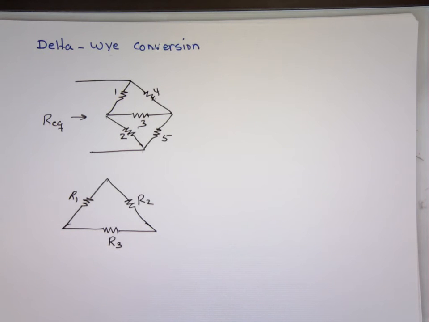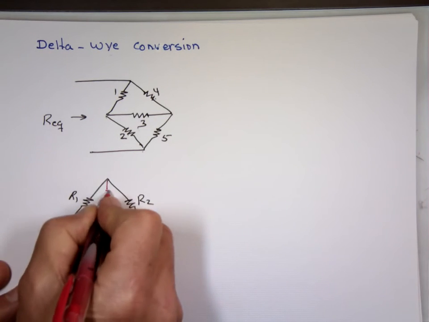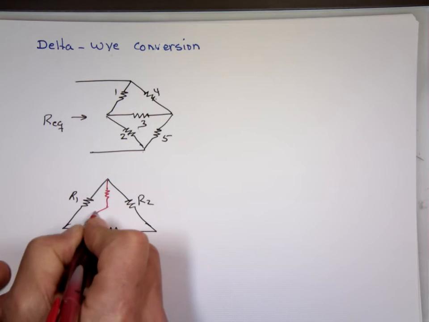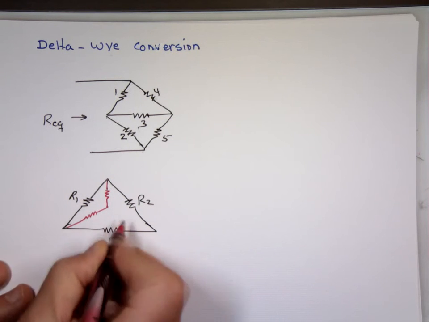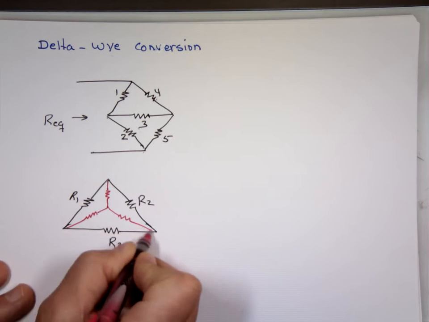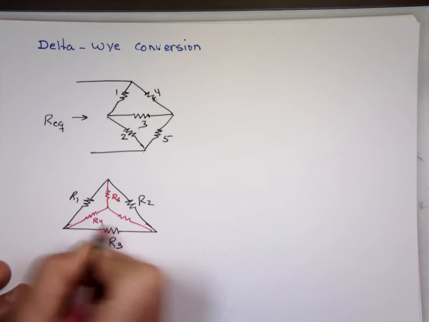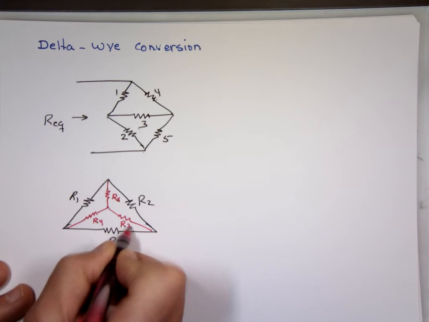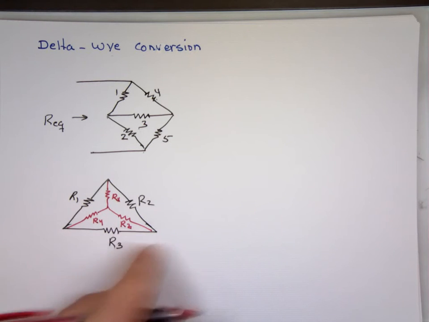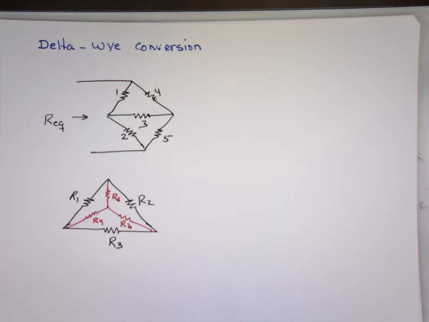Let me call this Rx, Ry, and Rz. Can I take that delta and change it to a Y, this upside down Y?